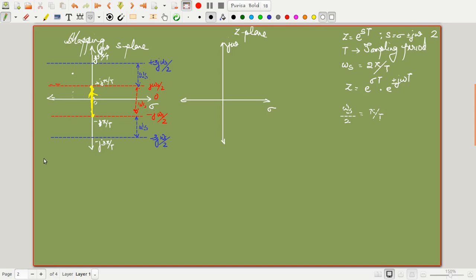So this is case 1. Since it is in yellow color, I will write it in yellow.